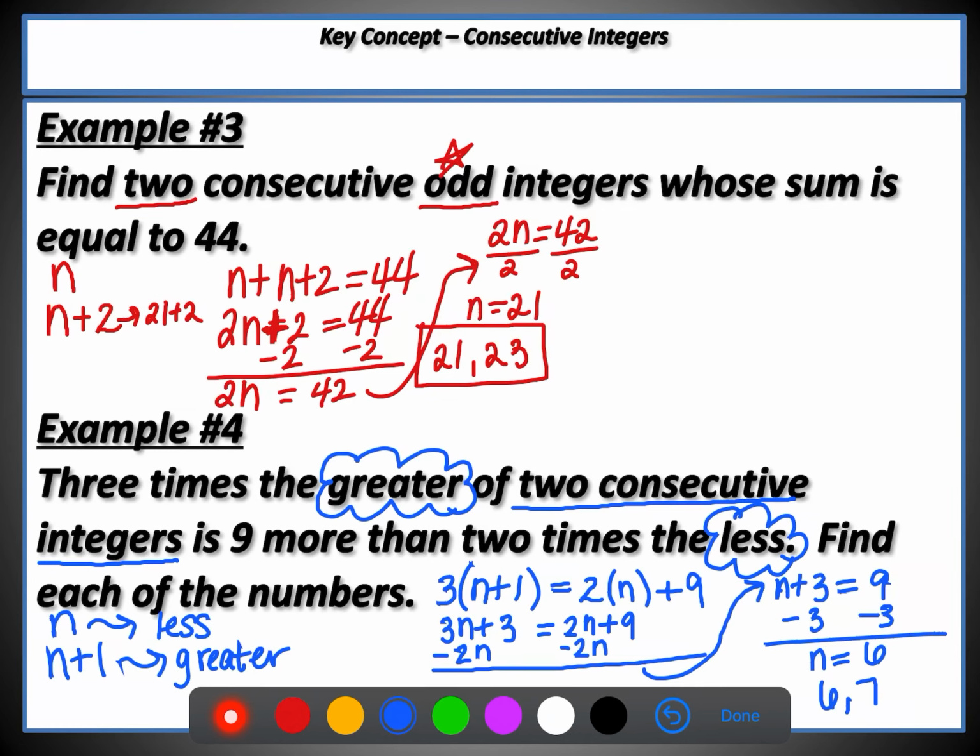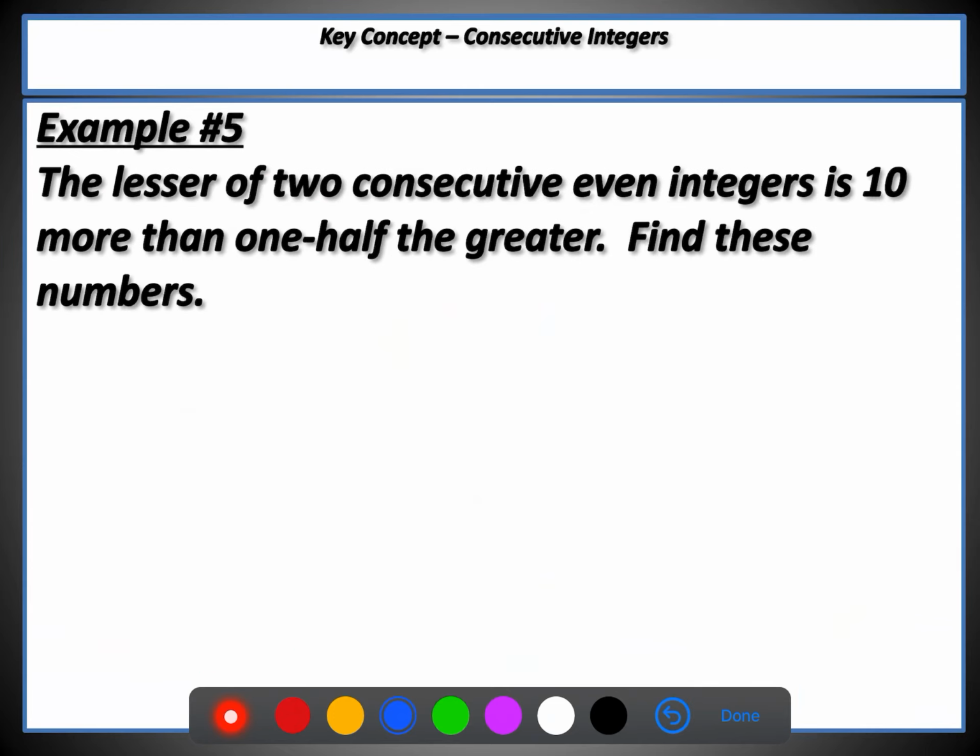So our final answers are 6 and 7. Okay. All right, so that one was definitely a little bit more difficult. Okay, let's try another one of those.